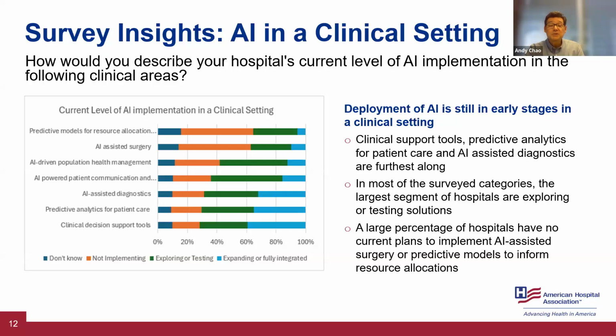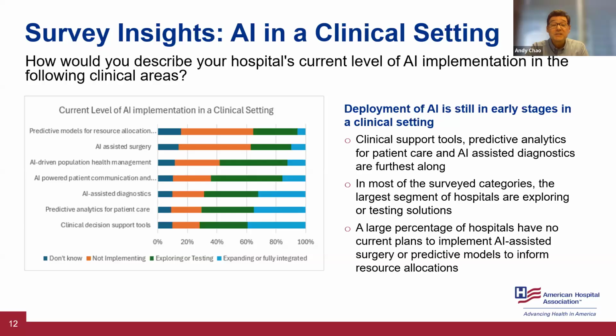So the picture shows that hospitals are pretty early on in adopting AI for clinical purposes, which isn't surprising. As I mentioned, we've been running surveys since 1946. With all the attention on AI, it'll be really interesting to keep an eye on these data items and see how they change next year.